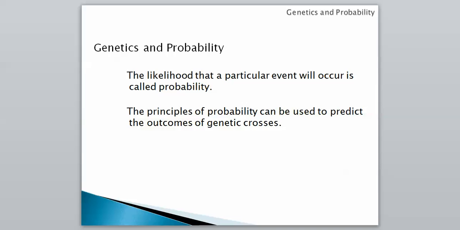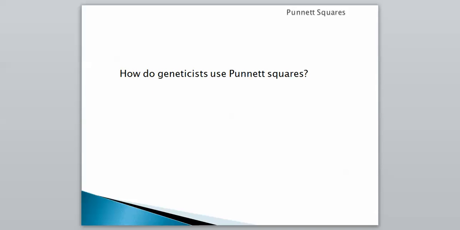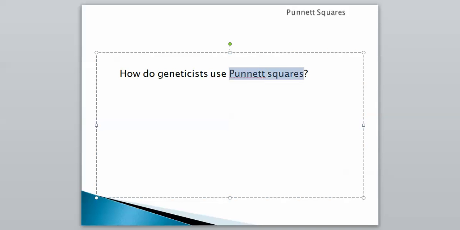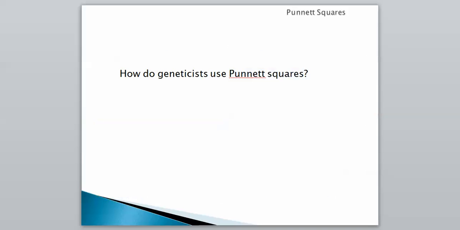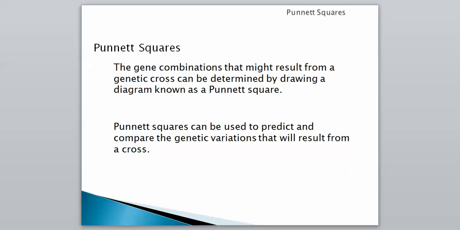And a tool that we use to look at the probability of how things are happening here is called the Punnett square. That's going to be important to know for this section. Punnett squares are a tool that uses the gene combinations that might result from a genetic cross, and they can be determined by drawing a diagram known as a Punnett square.